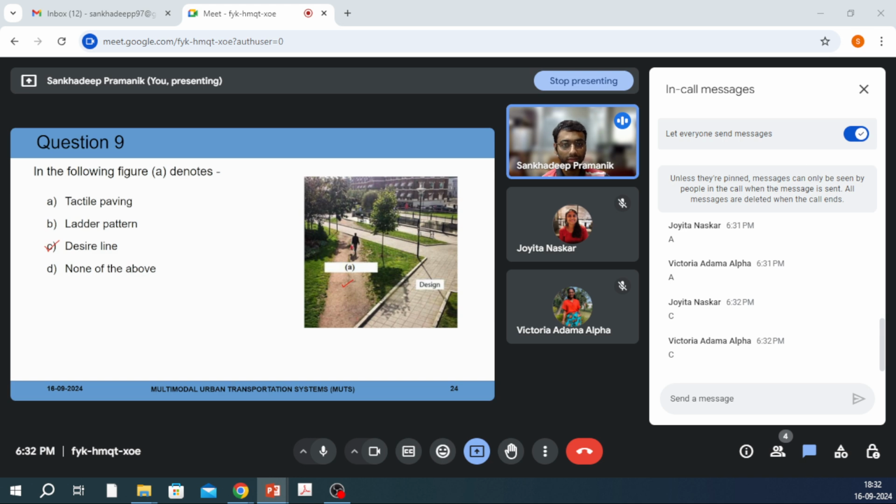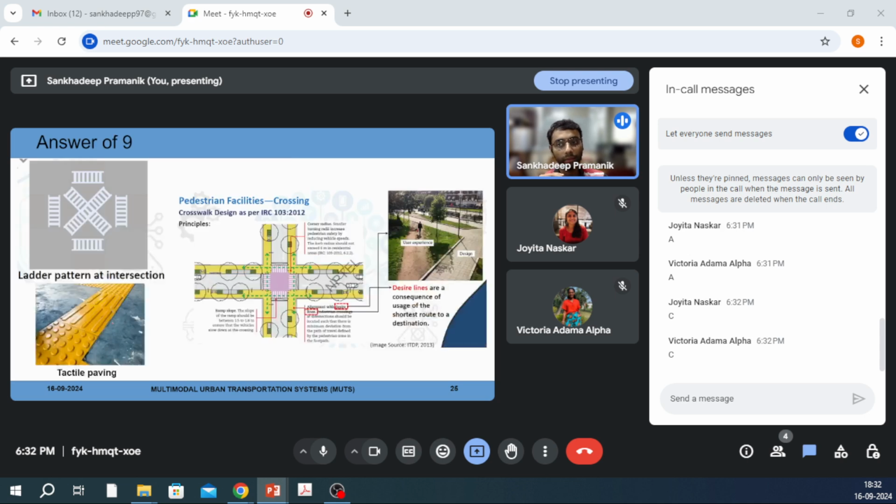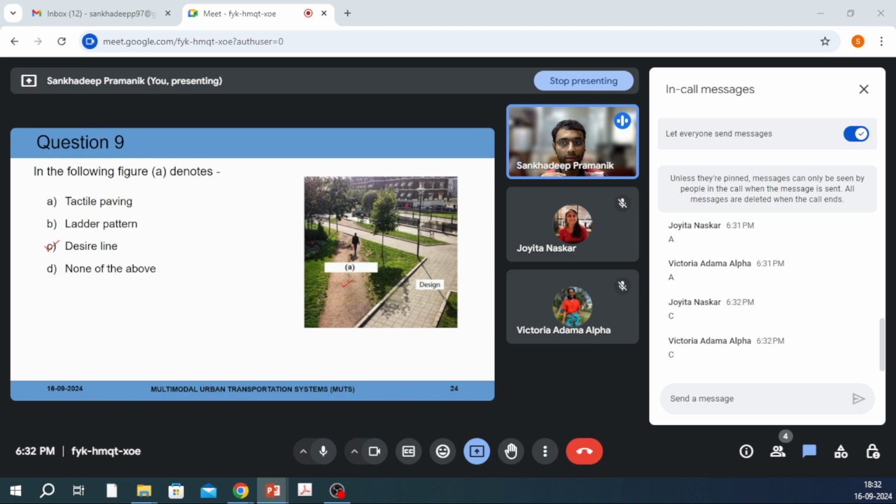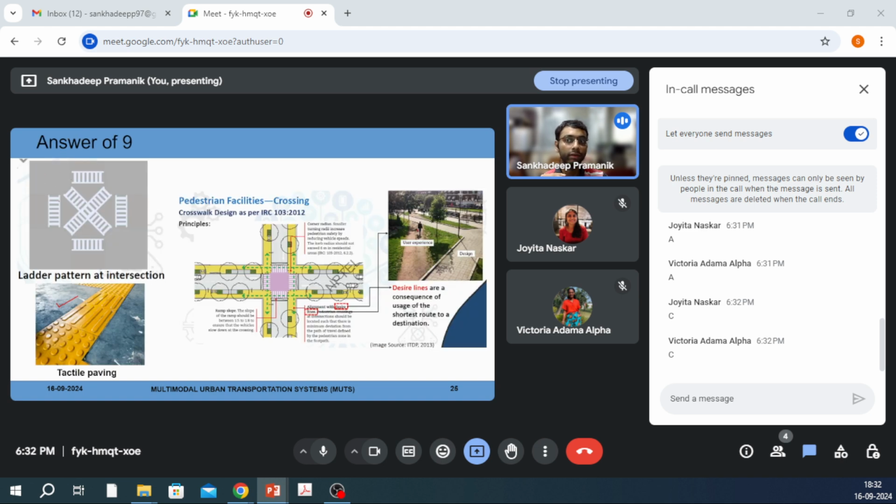So this is the desired line, and this tactile pavement is this one, which is helpful for blind people for their wayfinding. And this ladder pattern is provided in some busy intersections, these kind of patterns are generally provided, which is known as ladder pattern.